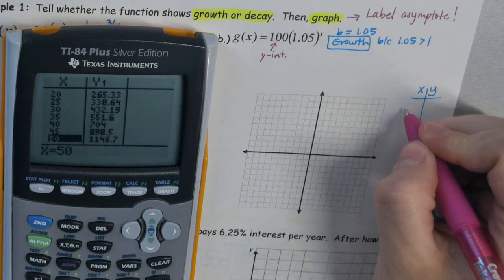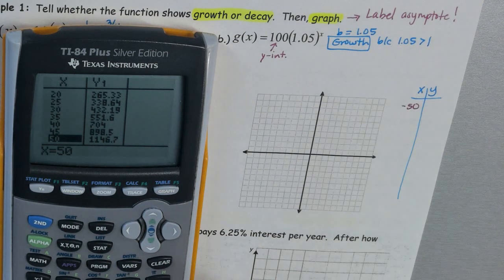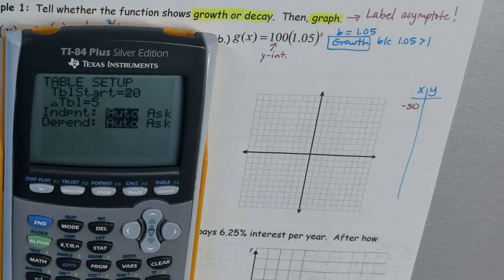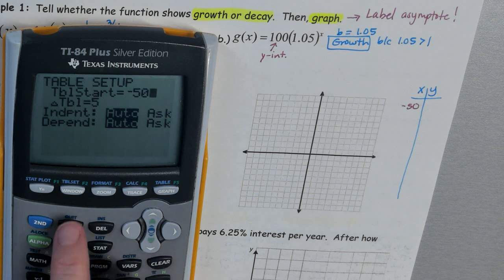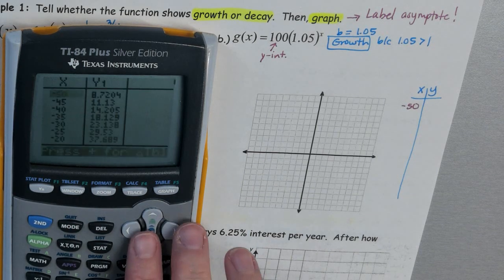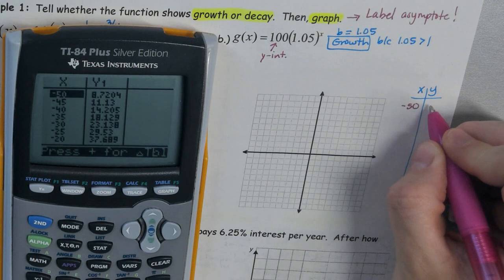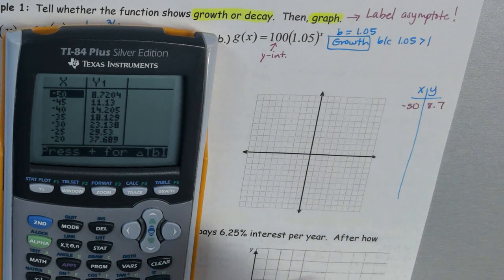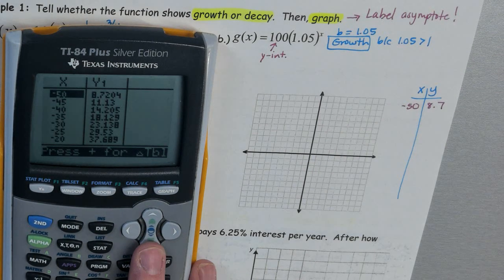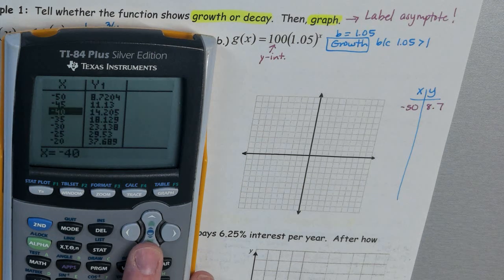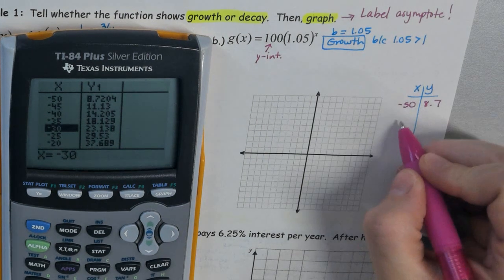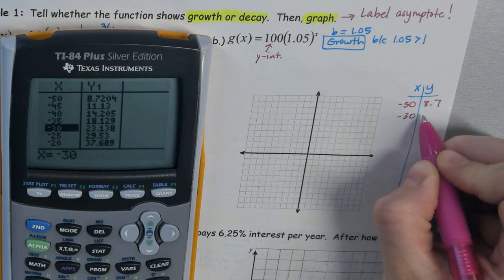Okay, so again, I can start with -50. You can actually go to your table set. You want to start at -50 and then just go to your table. Okay, so this would be about 8.7. Again, you do not have to do every single one. So maybe I would do 50, negative 50, and then negative 30.